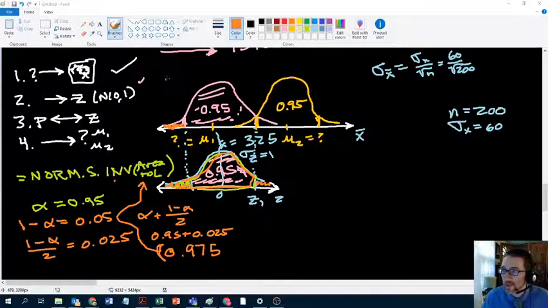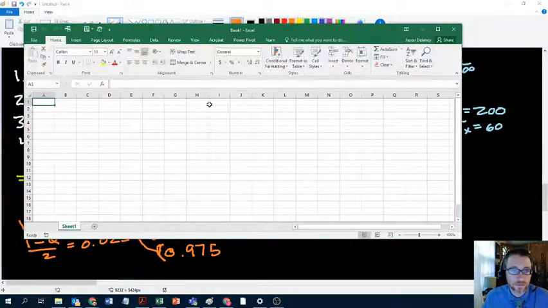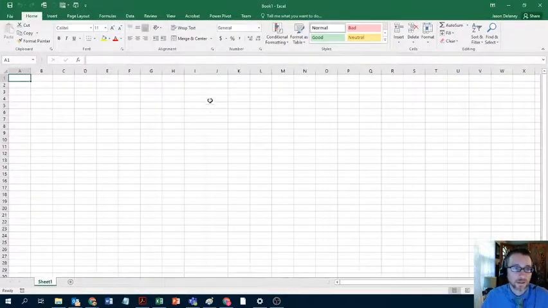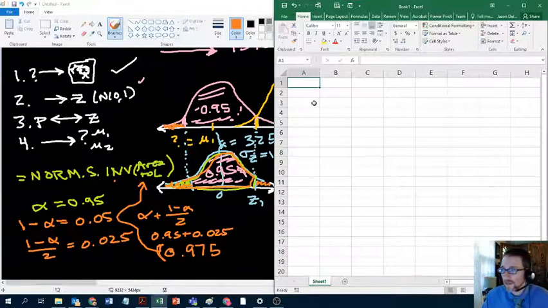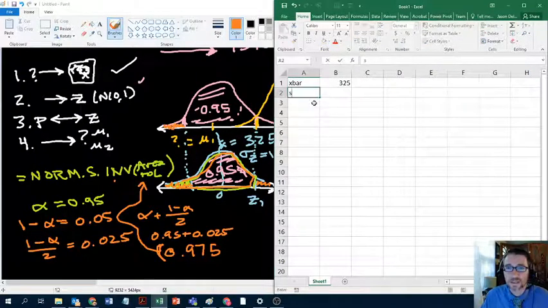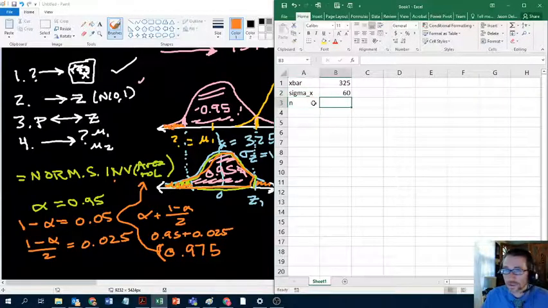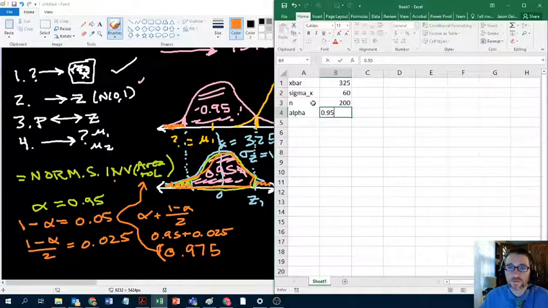So switching back to Excel, which I opened. Let's create a new one. If we want to work on this problem, might as well put in the values we have. We've got x bar is 325. Sigma x is 60. N is 200. Alpha is 0.95.